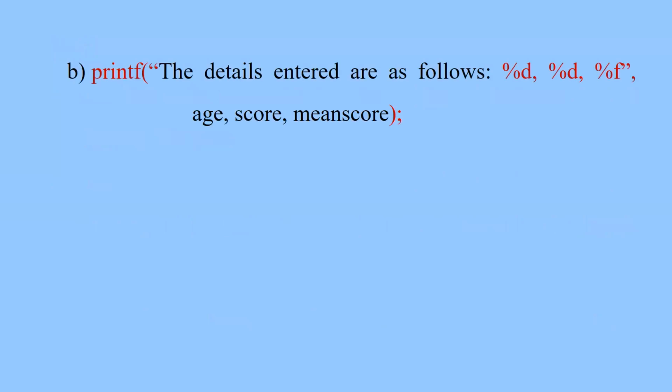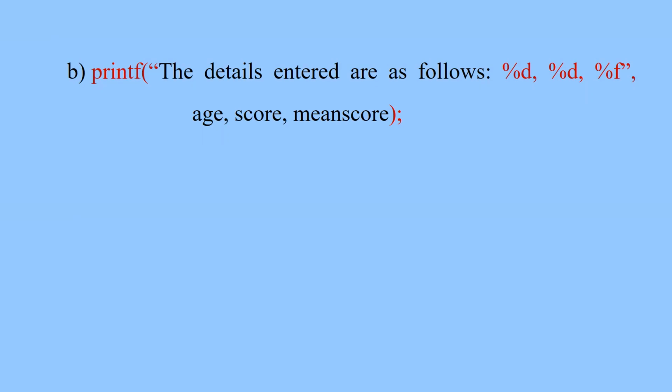Or the details entered are as follows. Because this statement has the identifiers for float and for integer, it simply means the statement will appear as follows. The statement reads, the details entered are as follows.